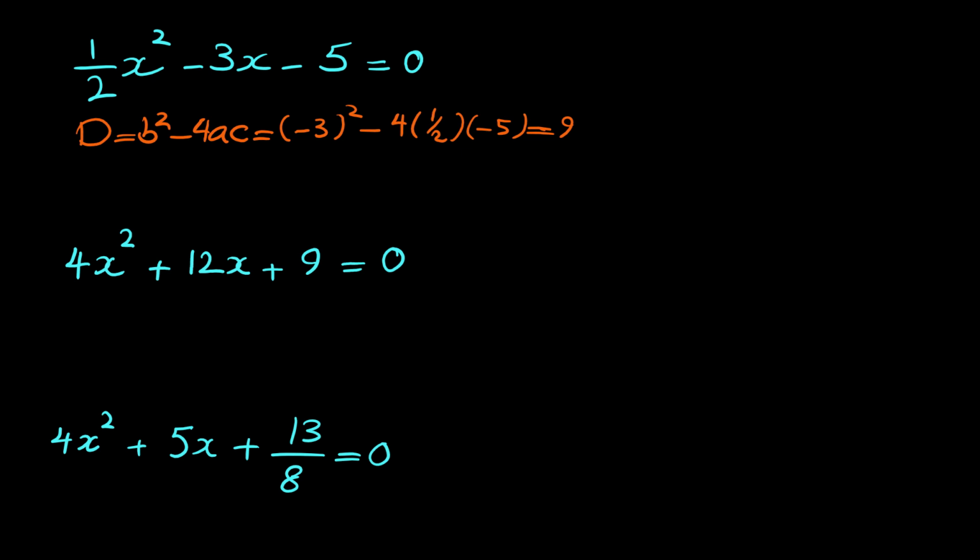So negative 4 times 1/2 is negative 2, times negative 5 is 10. 9 plus 10 is 19, and it is greater than 0. When the discriminant is bigger than 0, immediately we conclude that the equation has two distinct roots or two distinct real solutions.